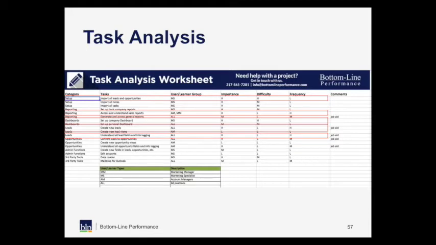If there's any existing documentation that explains what a job is supposed to be doing, that can be a good start. And then also conducting interviews. So depending on how much time we have available and what we're going to be able to do, we'll schedule those opportunities to gather the information and then use this worksheet to organize it.